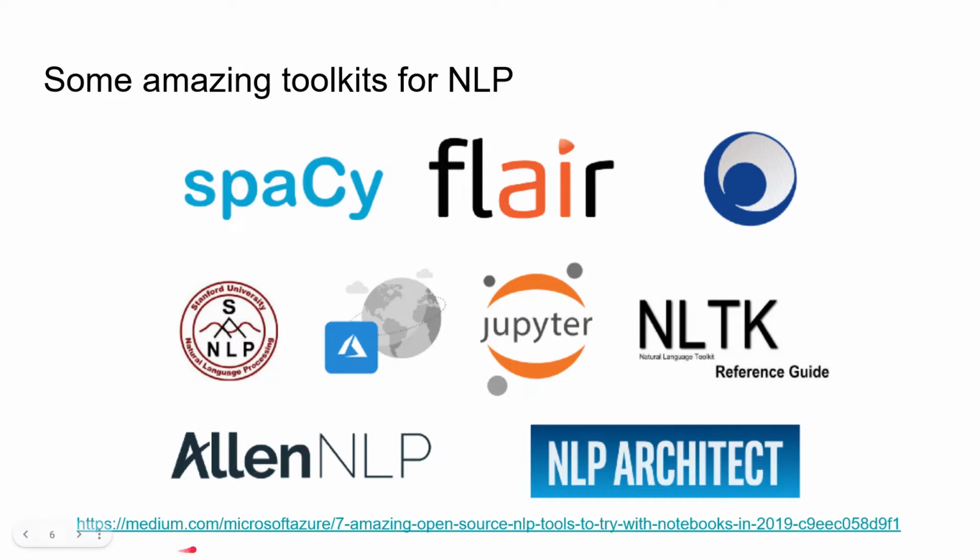You can refer to this Medium blog for some of the open source toolkits. These toolkits are basically the core of what we are doing in NLP. Normally, in industry, we generally use these toolkits to develop our NLP products. Apart from that, there are certain companies which are doing research around the area of NLP. They also use these toolkits to develop and accelerate their research.